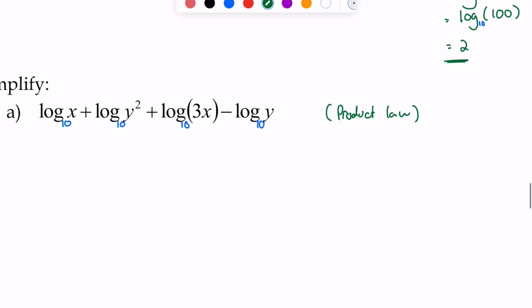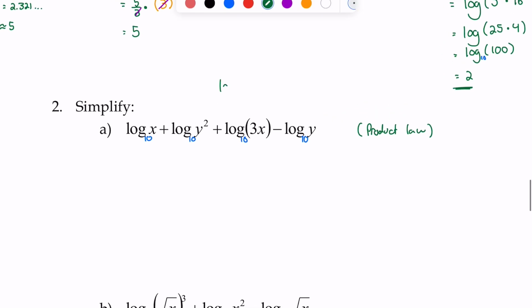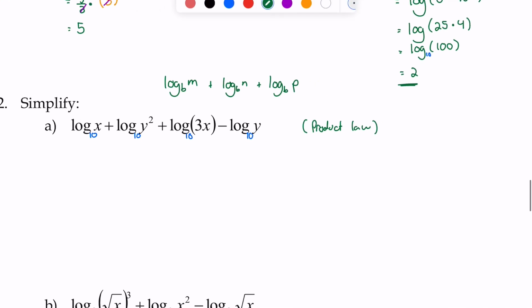Expansion means that if you have log b of m plus log b of n plus, let's put a third one in there, log b of p, that is the same thing as log b of mnp.